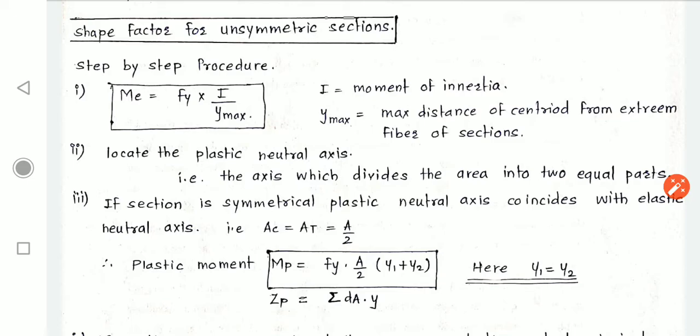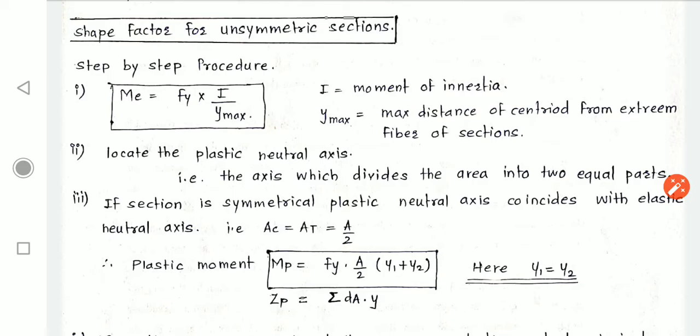The very first step in this calculation is finding the elastic moment. What is elastic moment? It is the moment which we calculate when the section has not yet reached the yielding stress in every fiber. Only the extreme fibers of your section have reached the yielding stress.